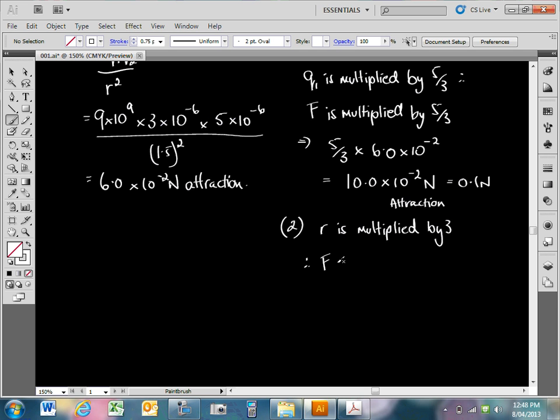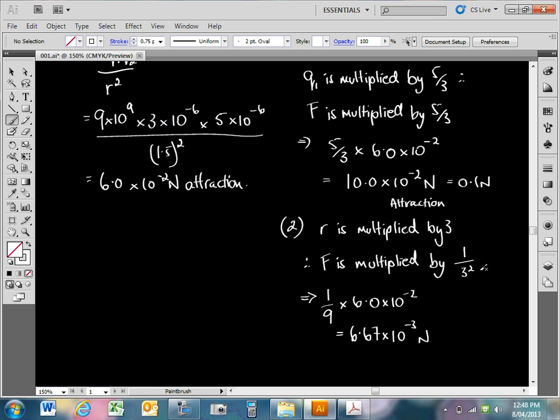Therefore, F is multiplied by 1 on 3 squared. From that, 1 on 9. 6.67 by 10 to the minus 3 newtons. Attraction.